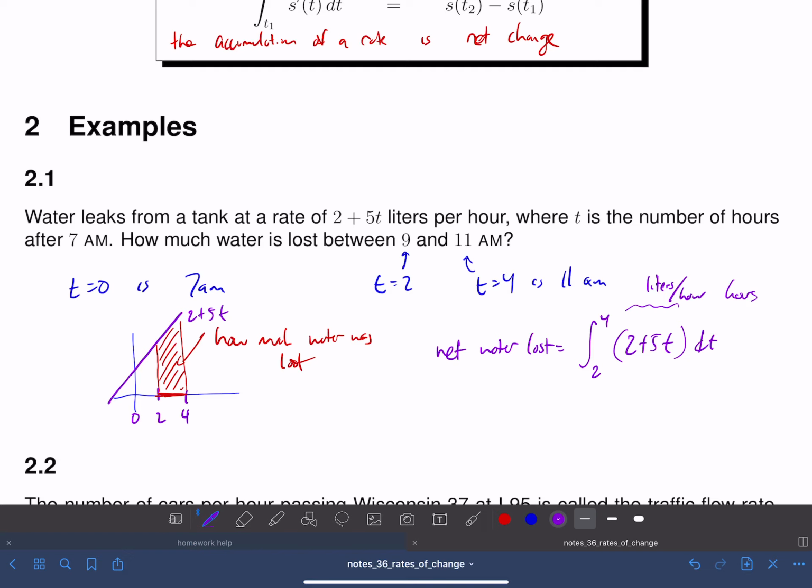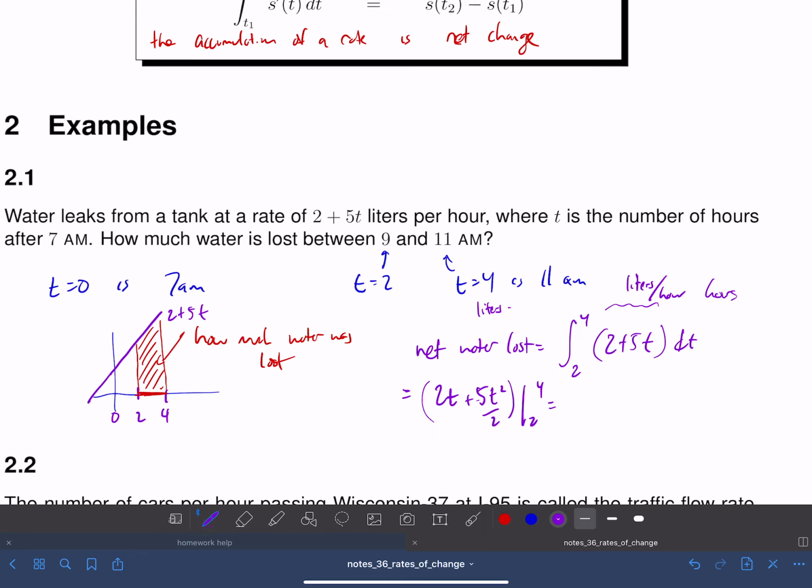That is to say, on the left-hand side over here, I get just plain liters. That's equal to 2t plus 5t squared over 2, evaluated from 2 to 4. Put some parens right there so we know that we are doing this vertical bar evaluation on the entire thing, not just on that piece right there, because otherwise it's ambiguous and a parser would attach it to just that part.